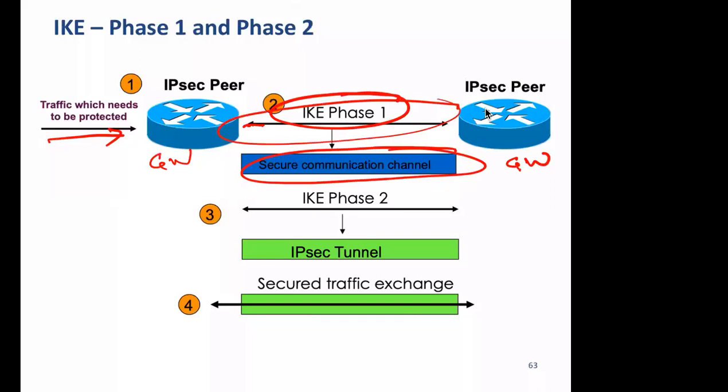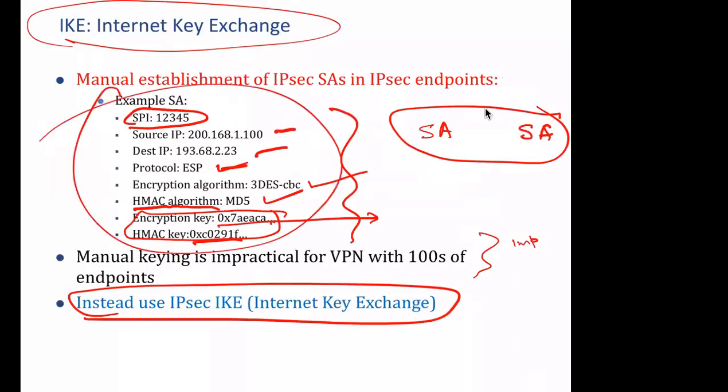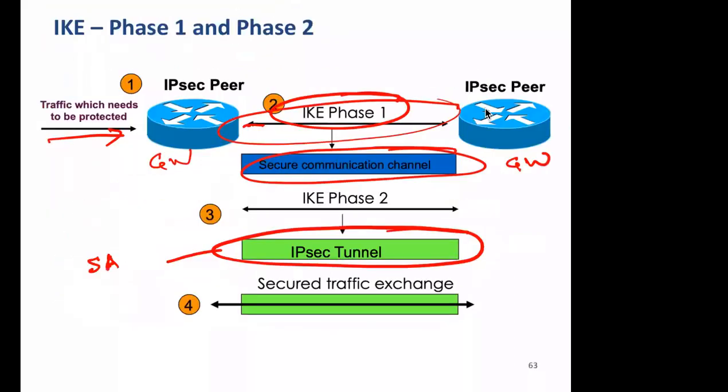And then in phase two, the IPSec tunnel is to be created. It means that both ends should know what kind of encryption is to be used, etc. All that we have discussed here, right? All these things must be known to both ends. So this is called the IPSec tunnel. It means that essentially the IPSec SA, security association, must be known to both Alice and Bob. Once that is done, then traffic can flow.